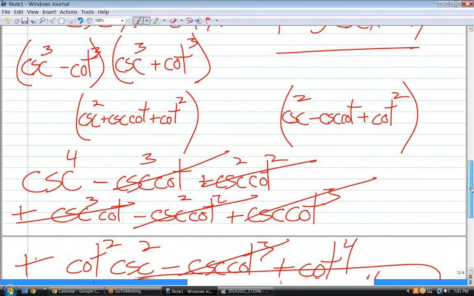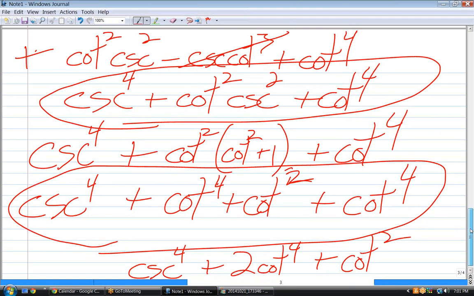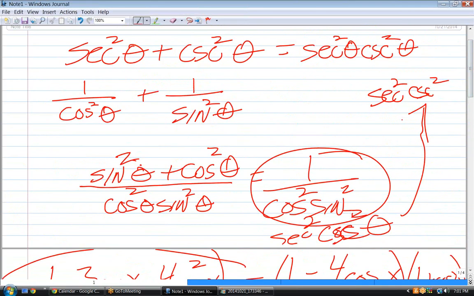It's probably because I need to do something with these fourths, and I don't know what to do with them. Cosecant to the fourth is cosecant squared times cosecant squared. I don't know. Sarah, I don't know how to solve this problem.